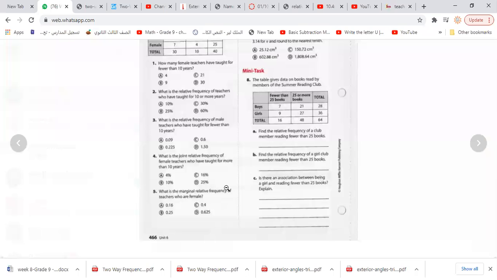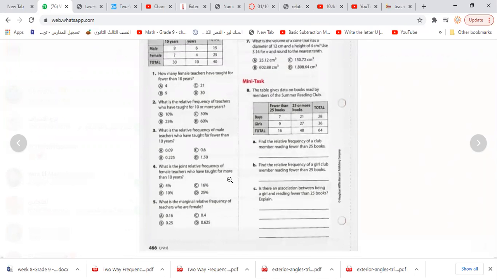He is talking about relative frequency, right? Then we will use which total? 16. This is the number for what? Fewer. He said, find the relative frequency of a club member reading fewer than 25 books, right?